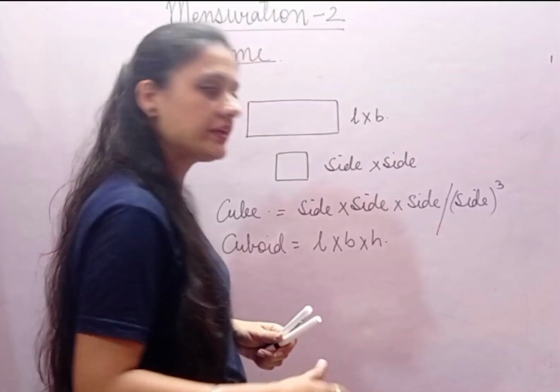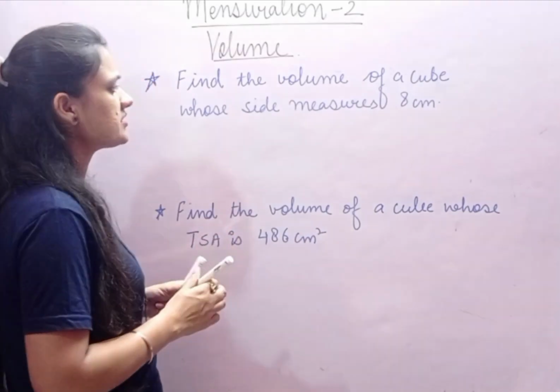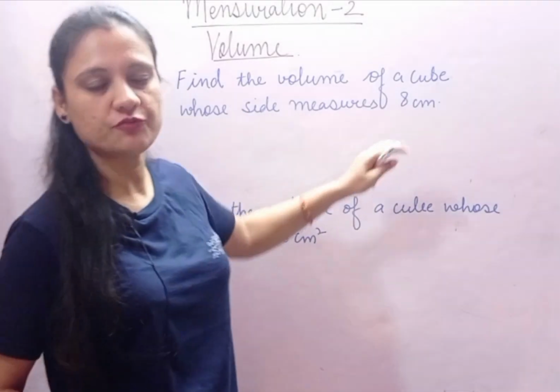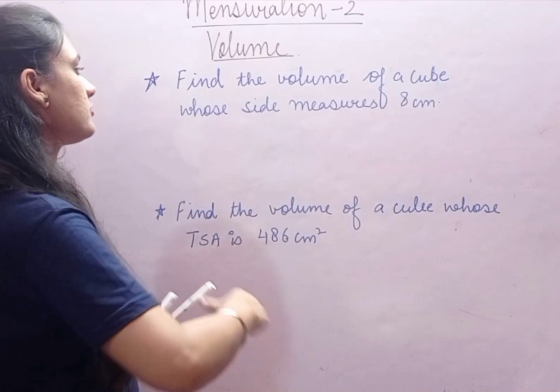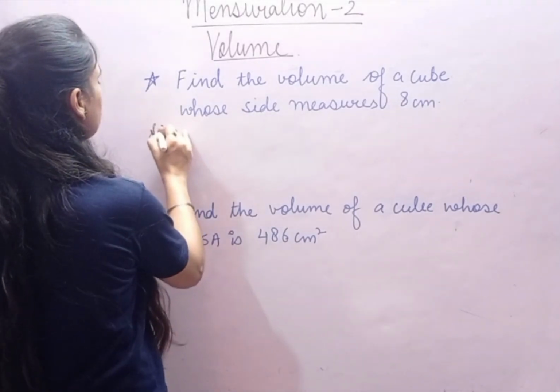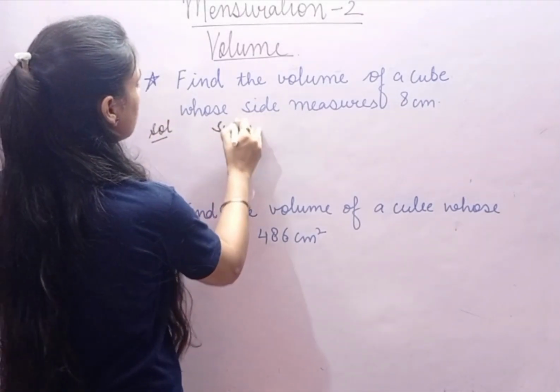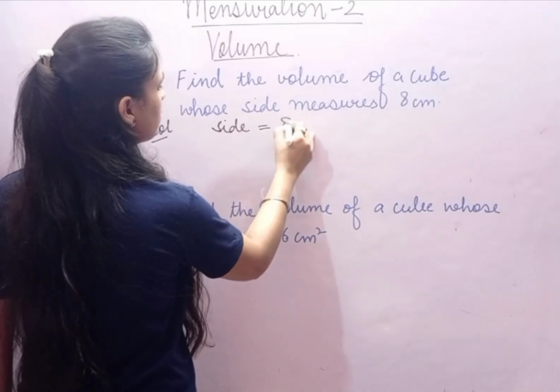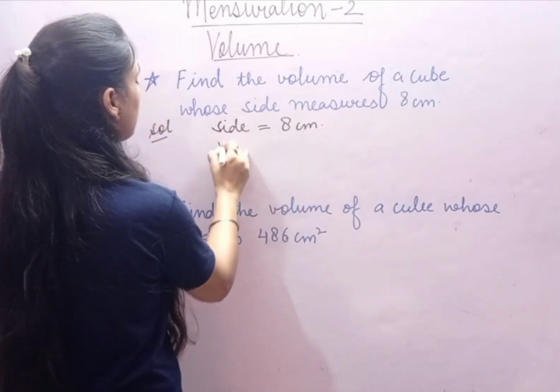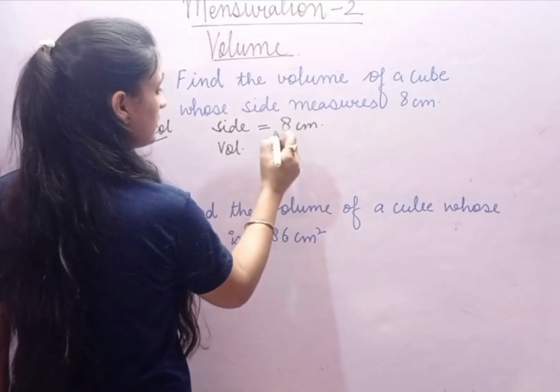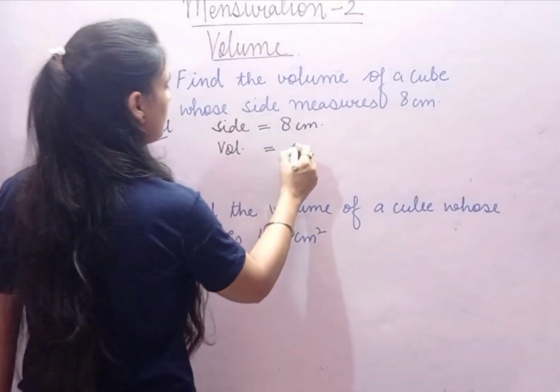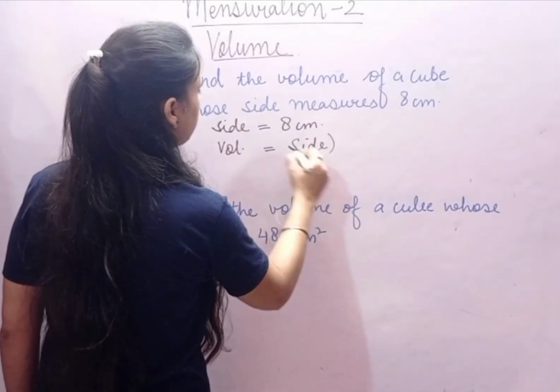Let's get ready. Here the question gives the measure of the side of a cube and asks you to find the volume. Children, how to do it? First you should write down what is given to us. Side is given, and what you have to find is the volume. First do remember to mention the formula, that is side cube.